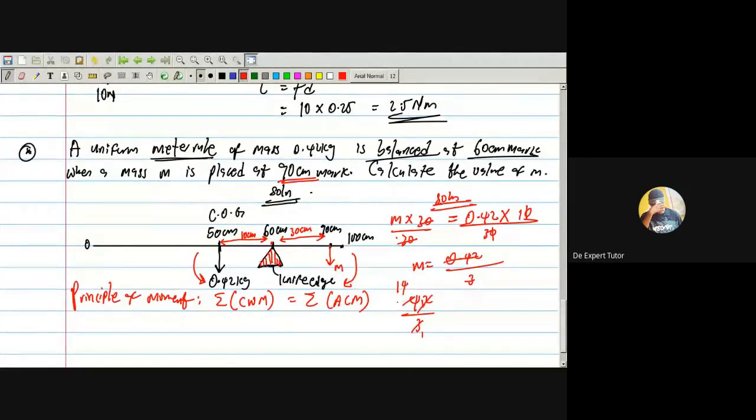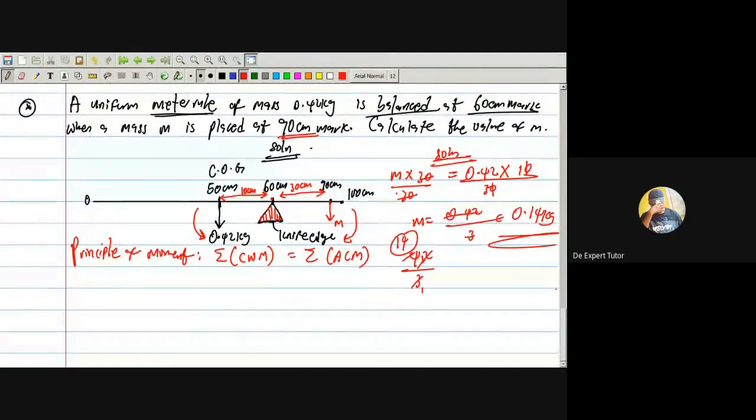So I'm having 14 as my answer. But remember that initially I have 0.42, which was 2 decimal places. So put this in 2 decimal places. You have 0.14 kg. So that's the value of M, 0.14 kg. Let's learn to rely on ourselves without a calculator. So that's the question.